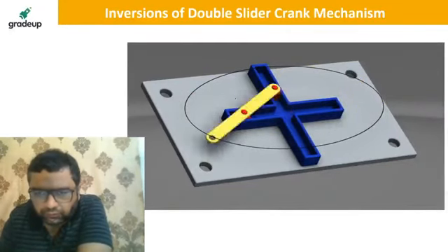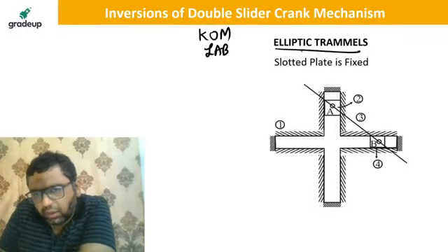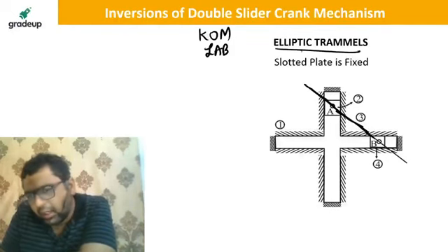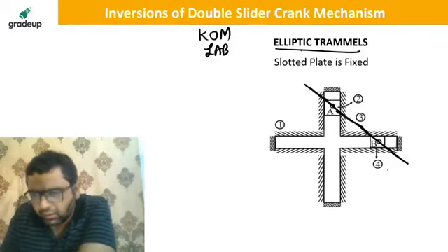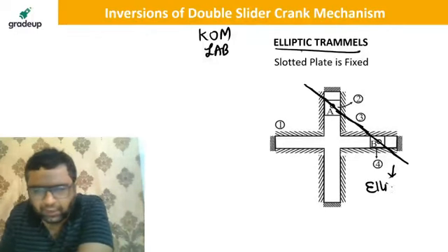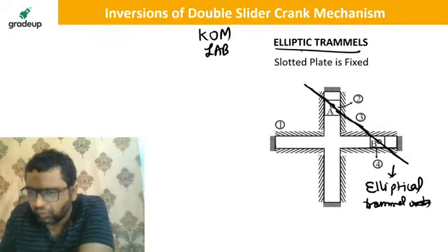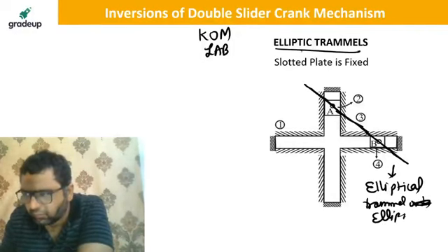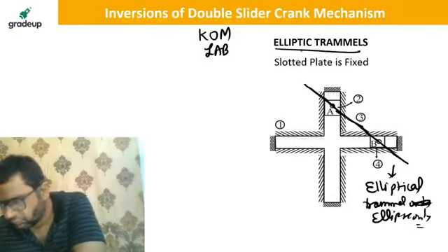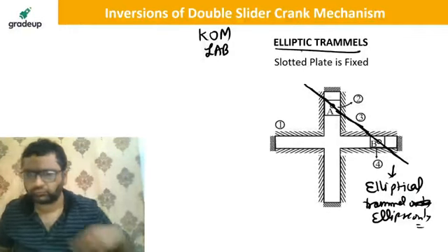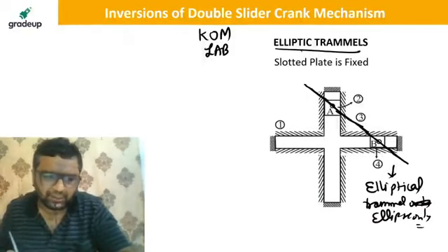So I wanted to say that on this line, at any point, you will be getting an ellipse only. Okay, nice, dear. So this is the mechanism.